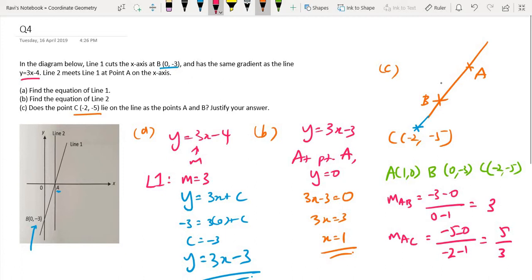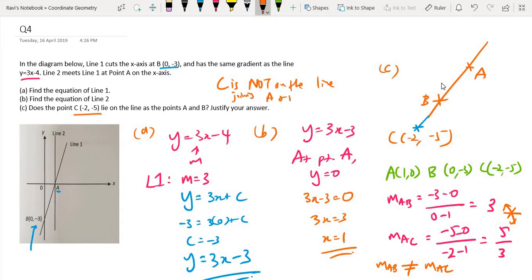As you can see, they are not the same. So m_AB is not equal to m_AC, which means in conclusion that C is not on the line joining A and B. So part C, that is the answer.